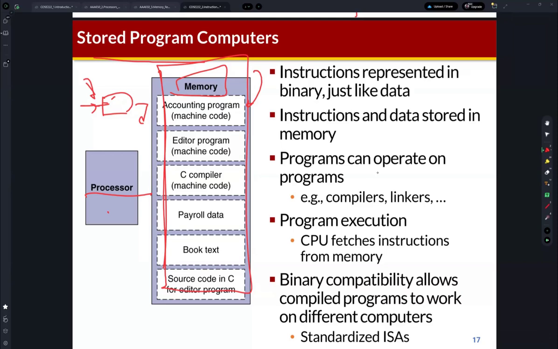Then how can you read? What is required for reading data in memory? Address, right?